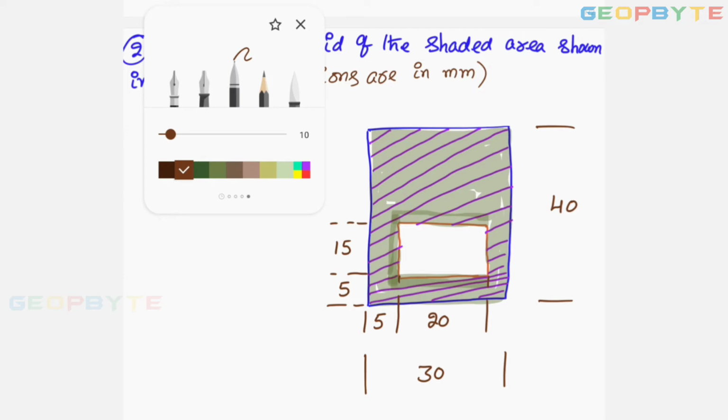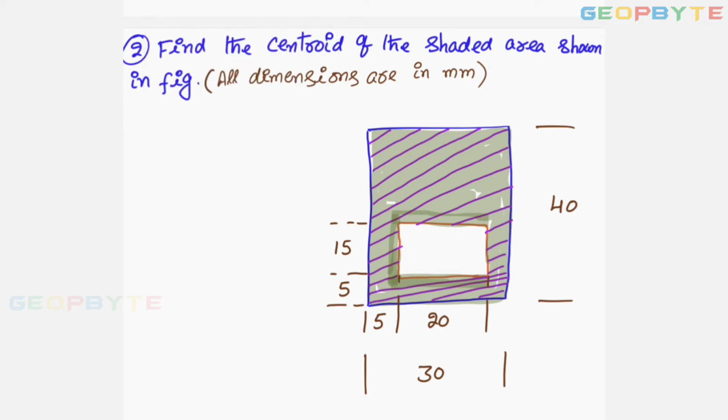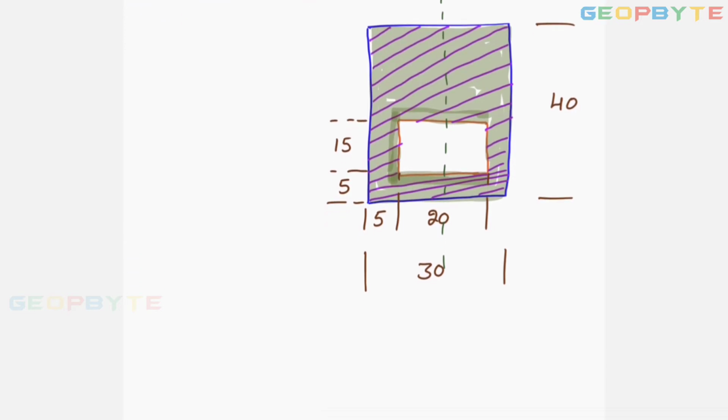Then look at the given section. The given section is symmetrical about the y-axis. Since the given section is symmetrical on the y-axis, the centroid should lie on that y-axis only. Therefore, you need to find only y bar. Let me write that point.